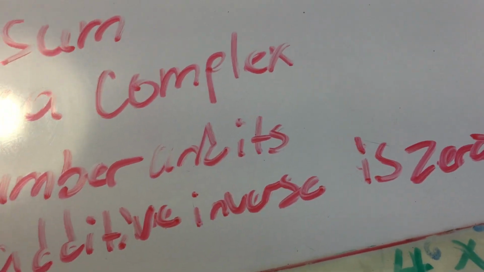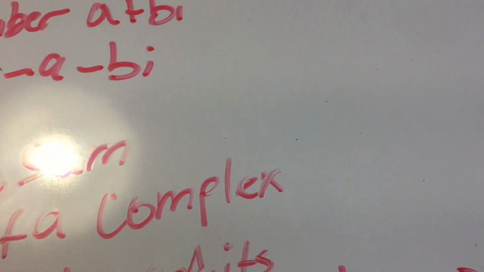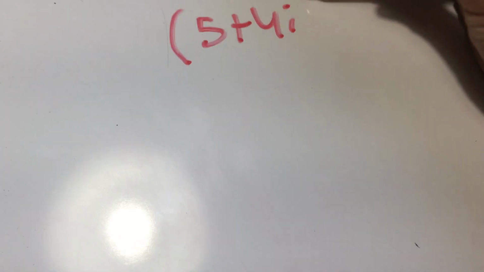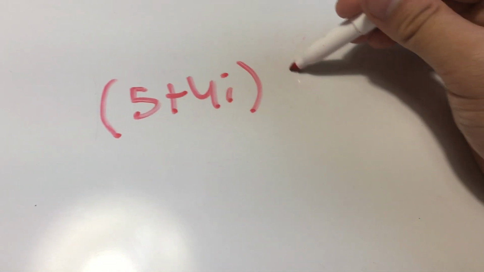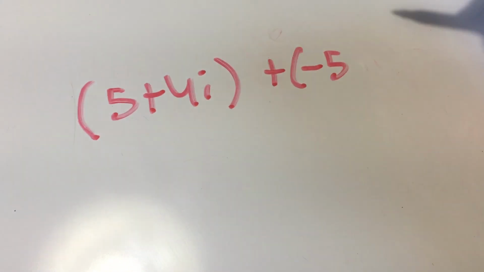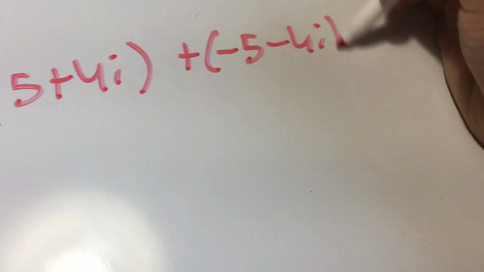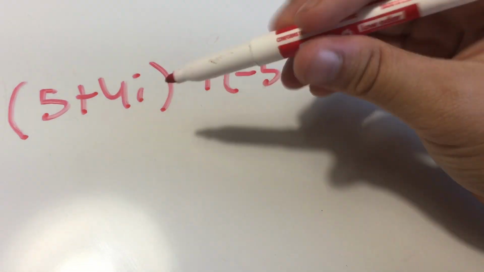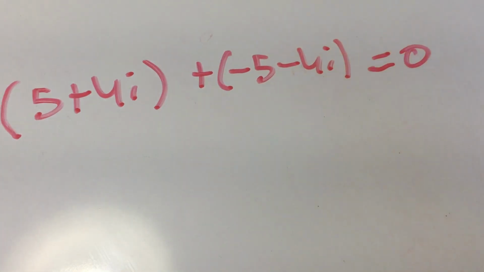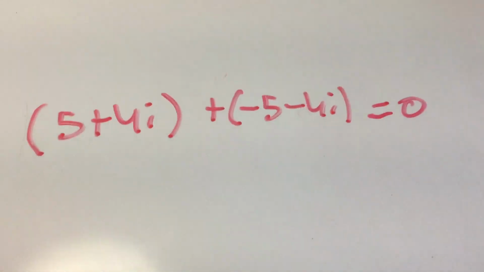Just keep that in mind. I'll show you an example of what I mean by that. So, for example, 5 plus 4i plus negative 5 minus 4i, because we changed the sign. And when you combine the like terms, it'll give you 0. Okay?